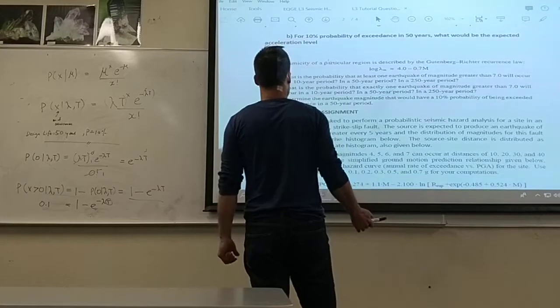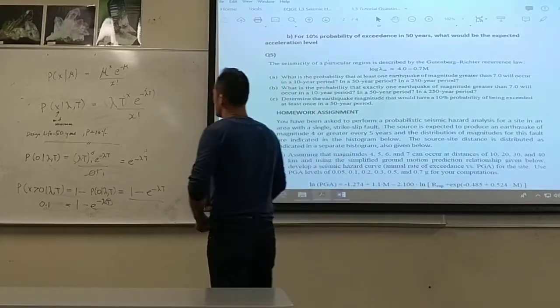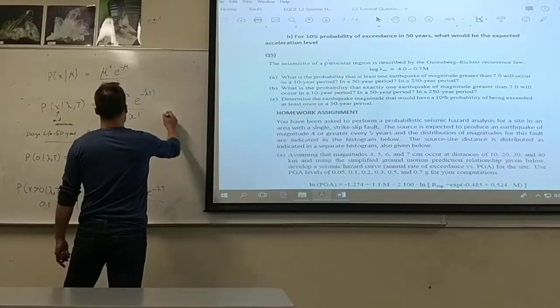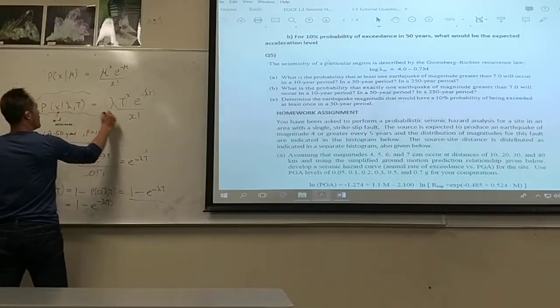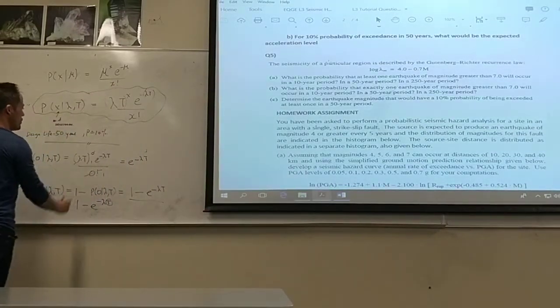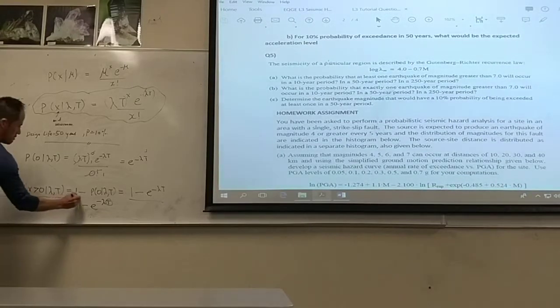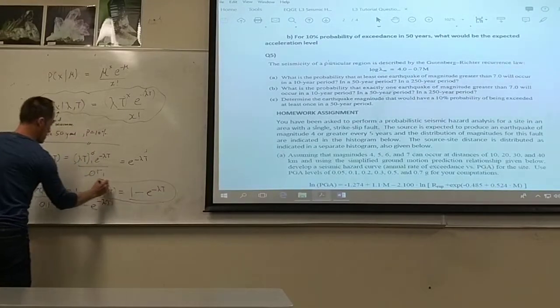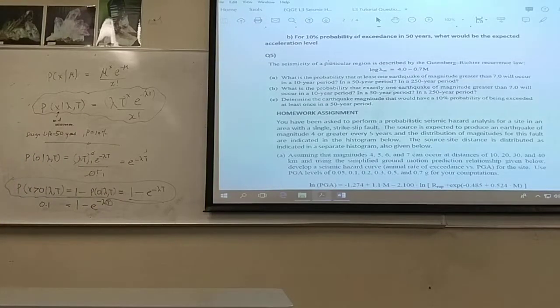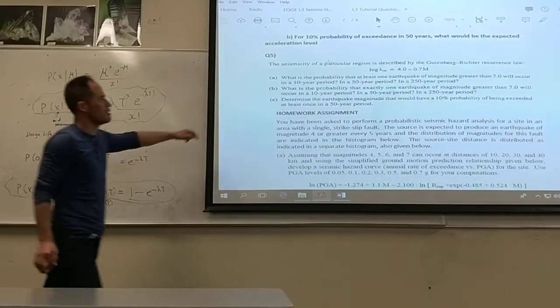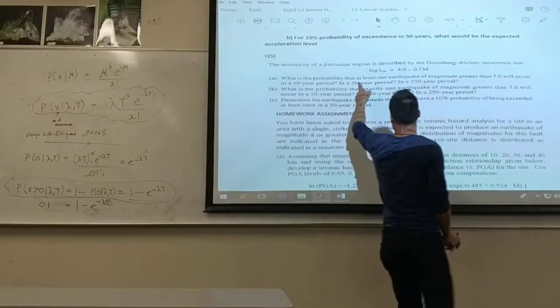So my question is, which form of the equation are we going to use? Are we going to use this one, or this one? Bearing in mind what I said, what's the key thing in this question?